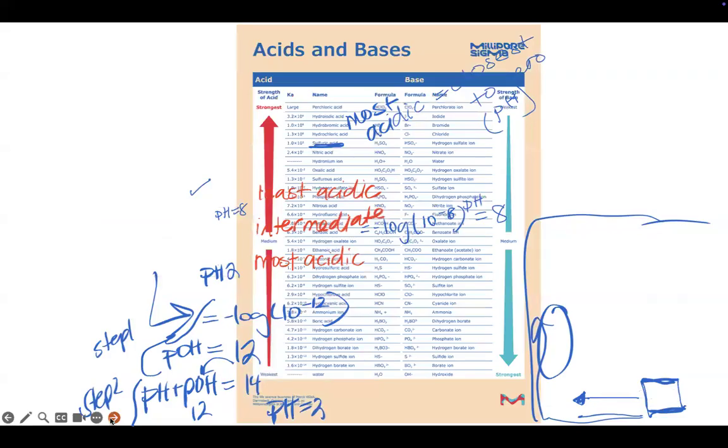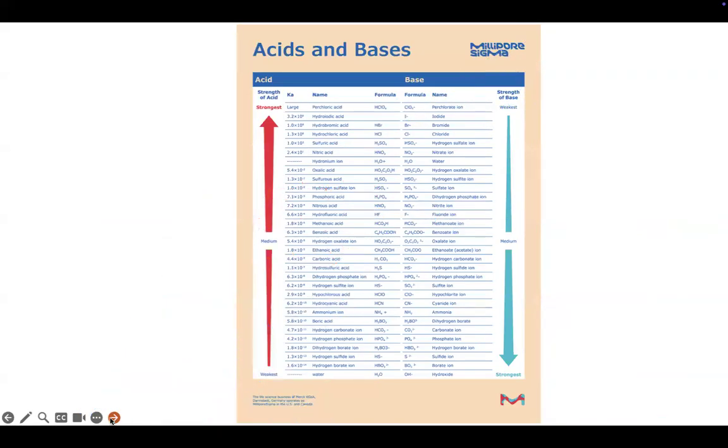All right. This isn't anything we need to memorize. I just like this chart because whatever's a strong acid, like that's not the one I want. Here, hydrochloric, that might be kind of familiar for us. HCl, that's a strong acid.